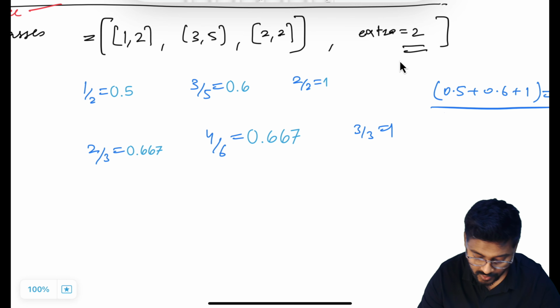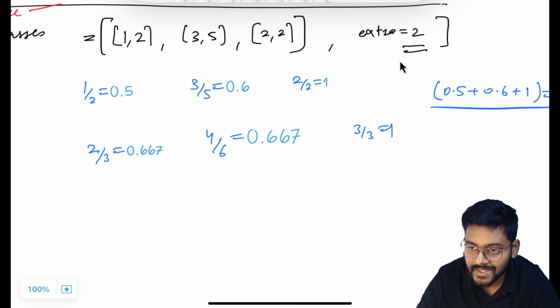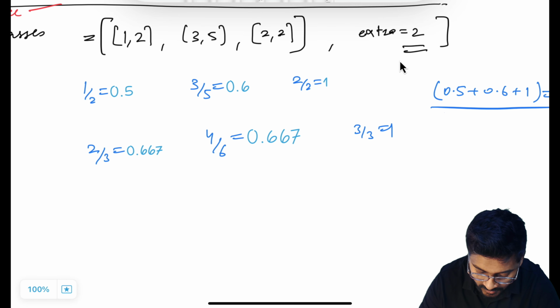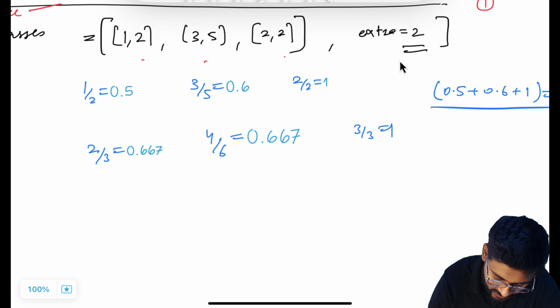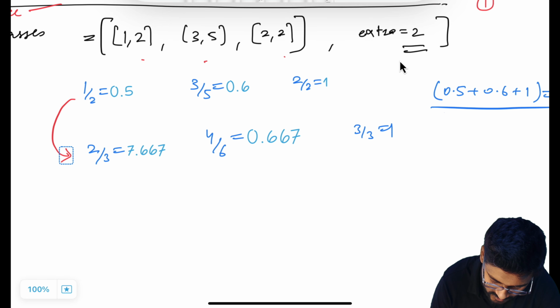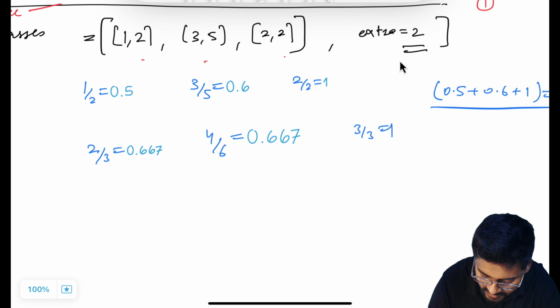Okay. So now it is a time to analyze which class is giving me the maximum change in the passing ratio. If I pick one brilliant student and add it to the corresponding classes 1, 2, 3, if I assign it to the first class, the change is this much, from 0.5 to 0.667. And in the second class, it is from 0.6 to 0.667.